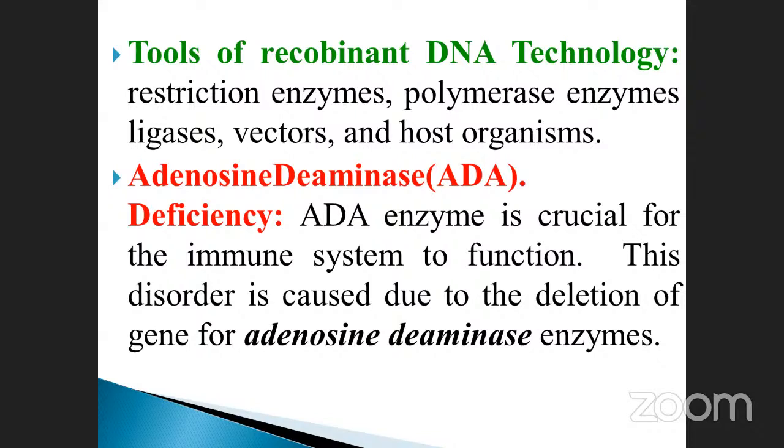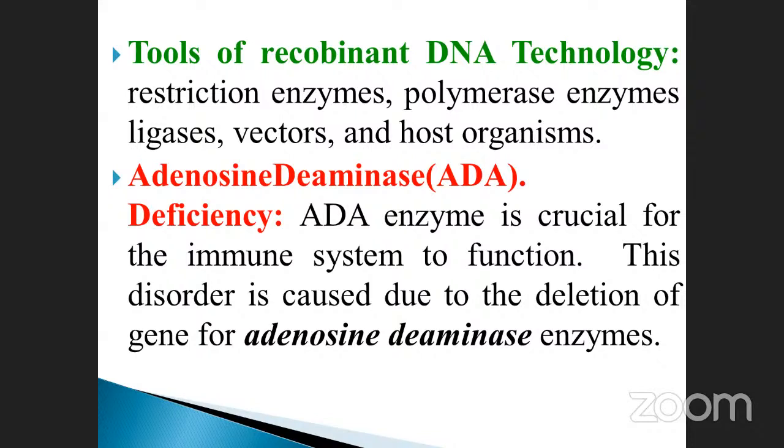You know very well about chromosomal aberrations: addition, deletion, substitution, inversion, translocation, all those things we already covered in our lab, isn't it? Here it is related to immune system function. During deletion, the particular DNA molecule and the particular enzyme production will be completely lost. As a result, the lack of this enzyme affects the immune system function.